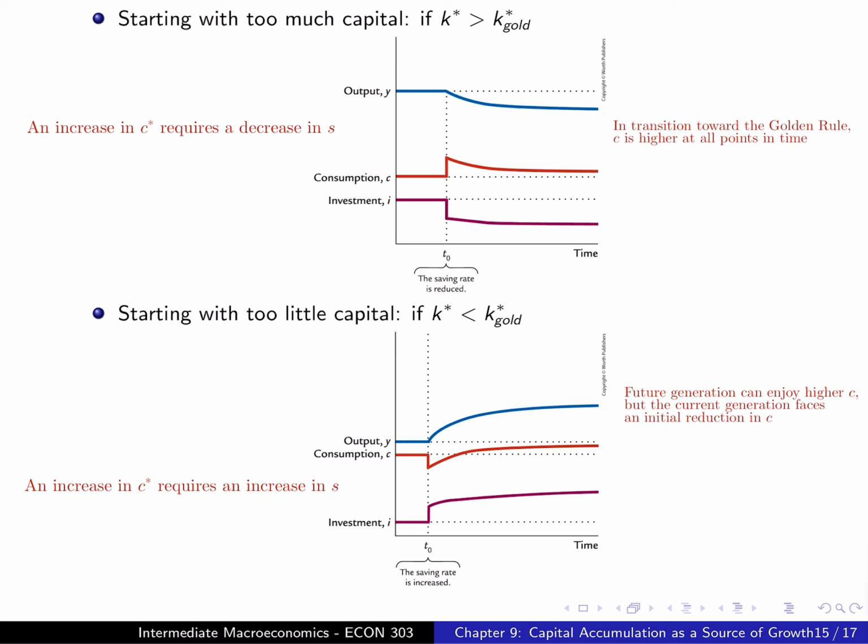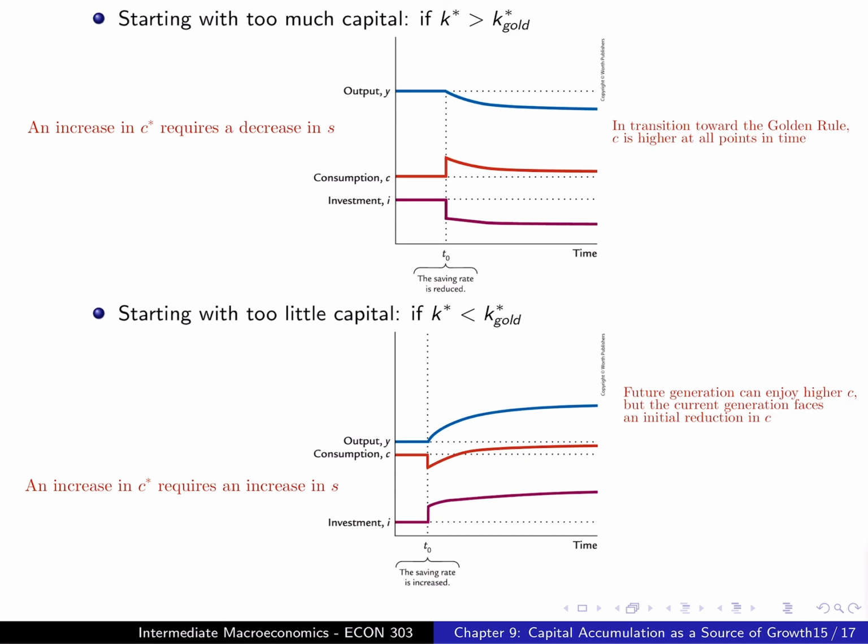An important implication: an increase in lowercase c star, which is steady-state consumption per worker, requires a decrease in the saving rate. In other words, to maximize consumption in the long run, sometimes lowering the saving rate can bring the economy closer to the golden rule steady state.